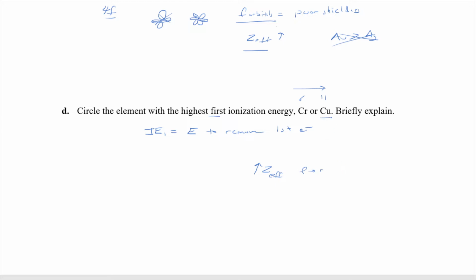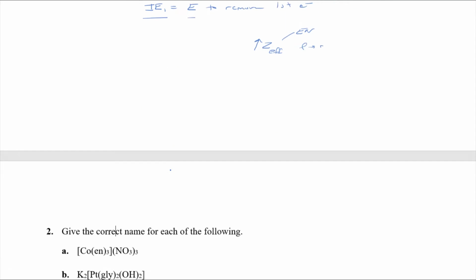So copper is going to have a higher Z effective, which means it's going to be harder to remove an electron. If it's harder to remove an electron, that first ionization energy goes up. So copper would be the element in this case with the highest first ionization energy. There we go. Relates back to some very simple periodic trends.